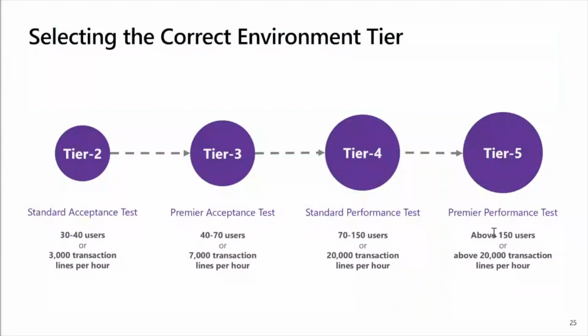So here's the slide that has the full details about selecting that correct tier. That Tier 2 is provided, but this is something that if you're planning early, you'll be able to figure out if you're going to need a higher tier environment and budget for that ahead of time. It also takes time to deploy these environments, so you'll need to include that in your project plan as well.